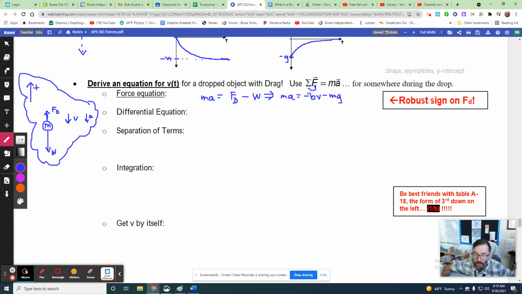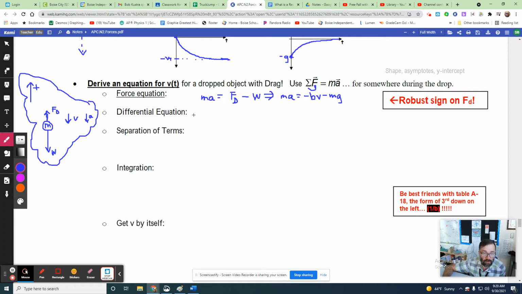So I'm going to use a robust sign on this. I'm going to let this force of drag respond to whatever this velocity is doing. If it's going downwards, then this negative sign will force this to be a positive force of drag. So the way I'm going to model this is let my negative sign handle what's happening with this velocity. Okay, so we're looking pretty good.